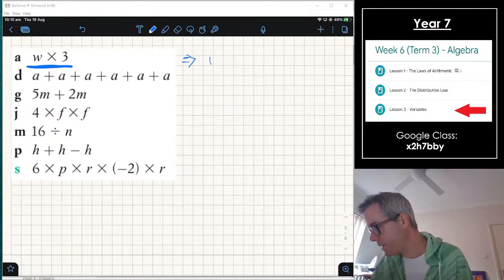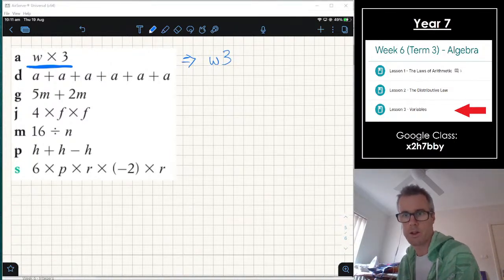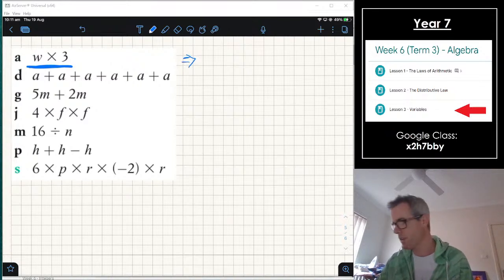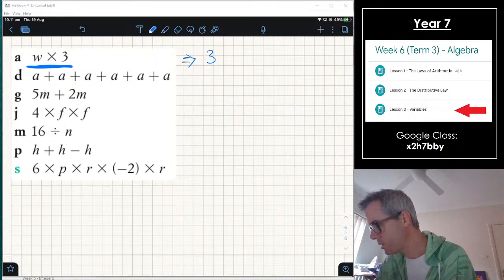Think about this before, right? W3, we can be tempted to say, well, it's just W3 like so, right? But what we tend to do, and what the proper notation is, when we're putting algebra together, is that we always put forward our number first, like so.